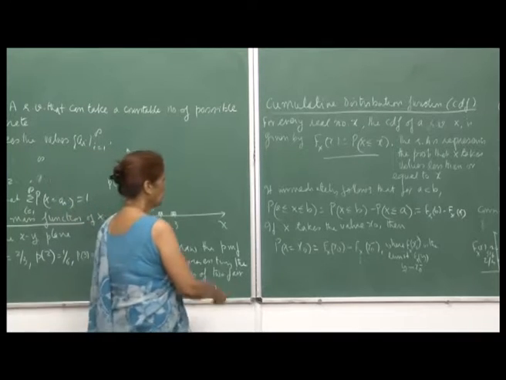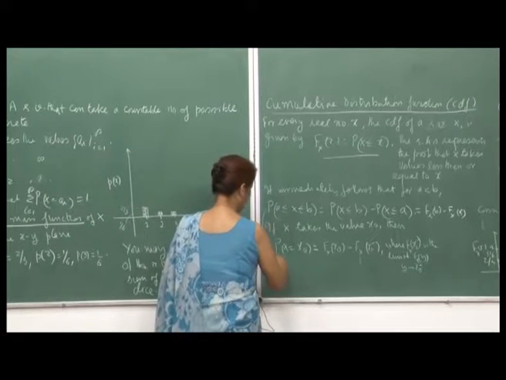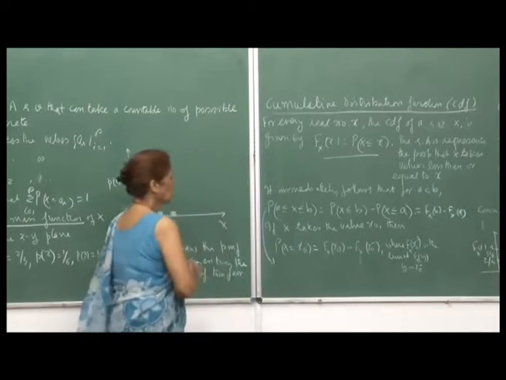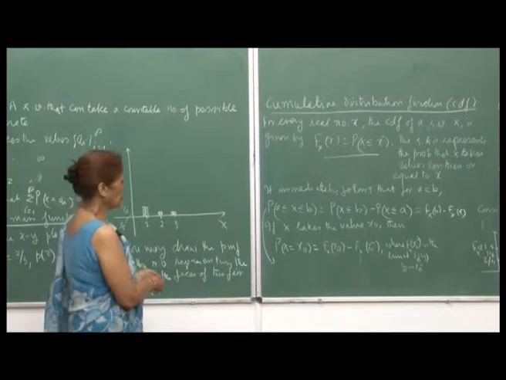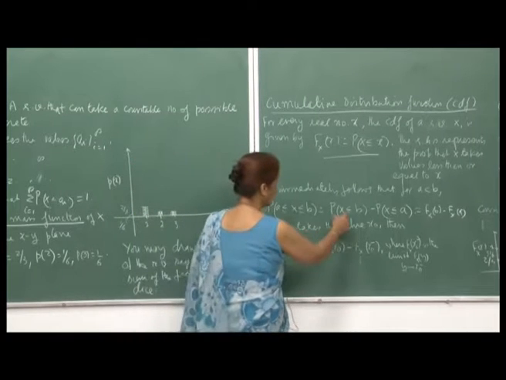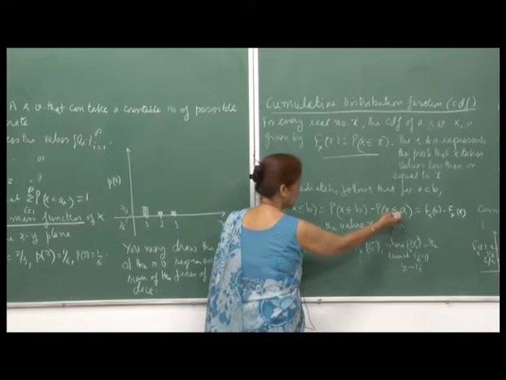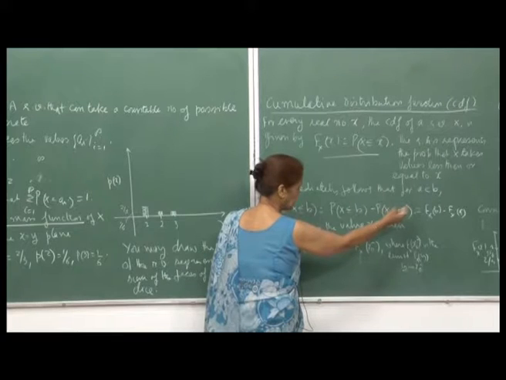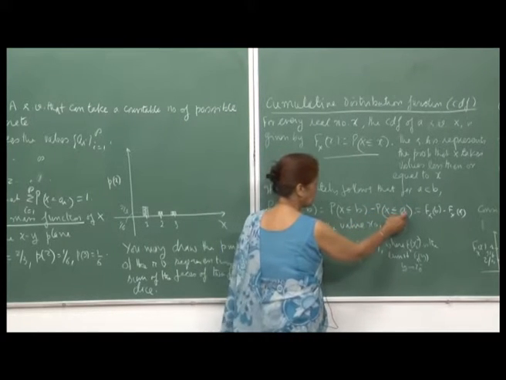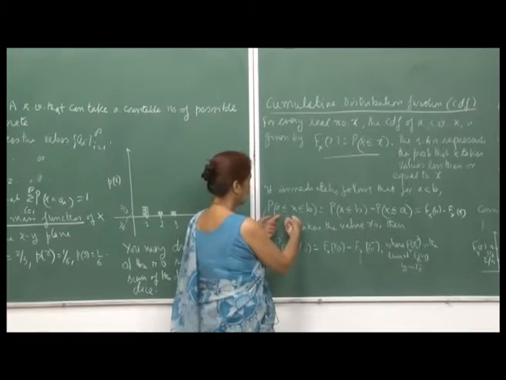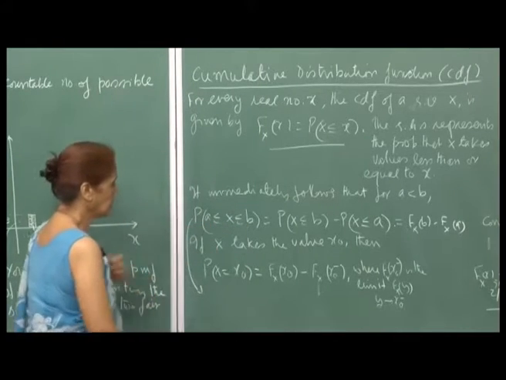If you feel that you still need some explanation, you can do it for yourself. From x less than or equal to b, you want to subtract, because a is less than b, all values of x less than or equal to a, and then you will get that x lies between a and b.